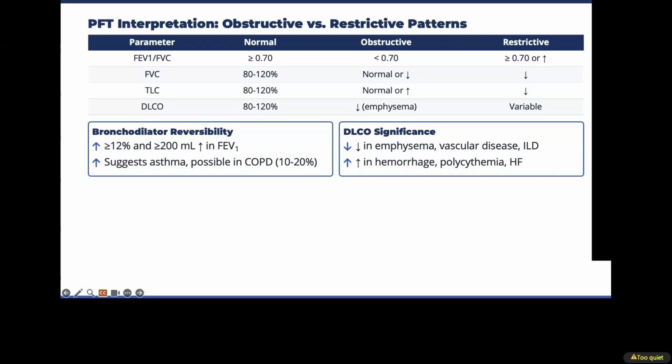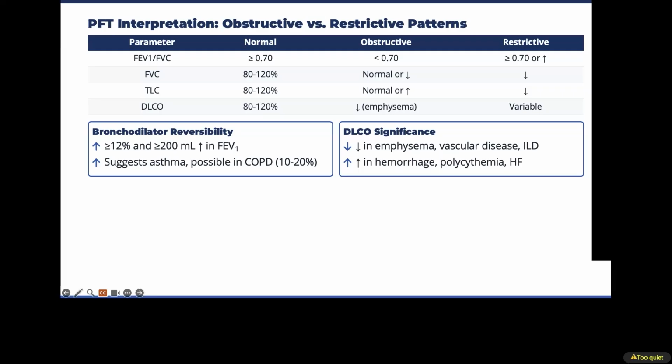The FVC may be normal or slightly reduced if air trapping occurs. The total lung capacity can be normal or increased, and patients may have hyperinflated lungs. The diffusing lung capacity will often fall, especially in situations like emphysema where the alveolar walls are destroyed.